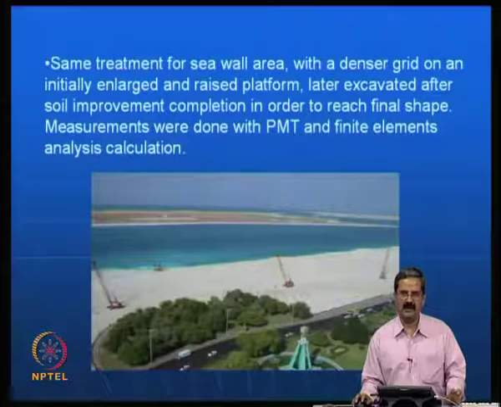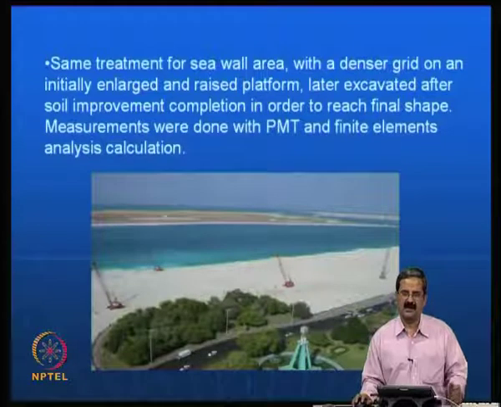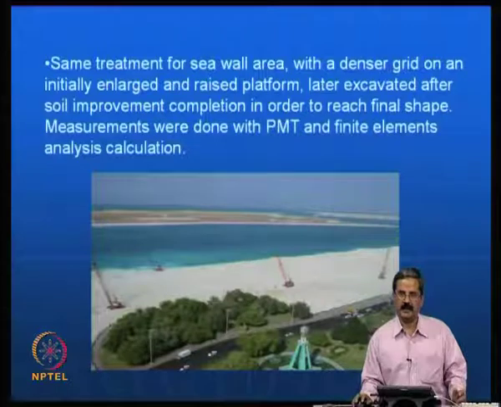The only problem is to what extent you are correct about the improved ground. That can only be ensured by proper in situ testing using SPT, cone penetration or pressure meter tests. Once it is done, it is ready for further construction.